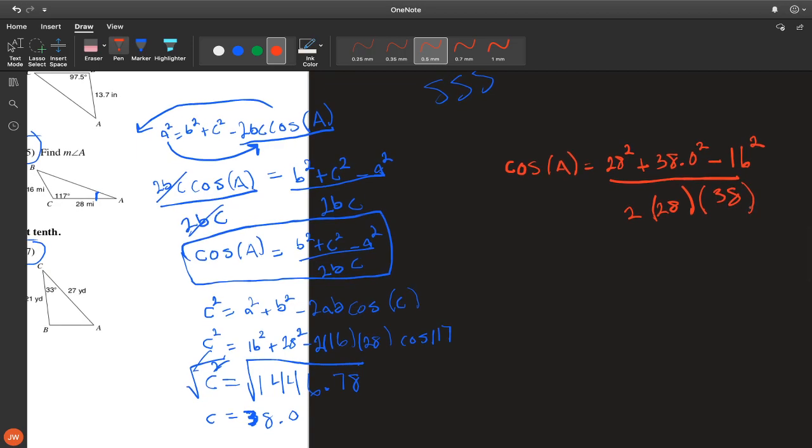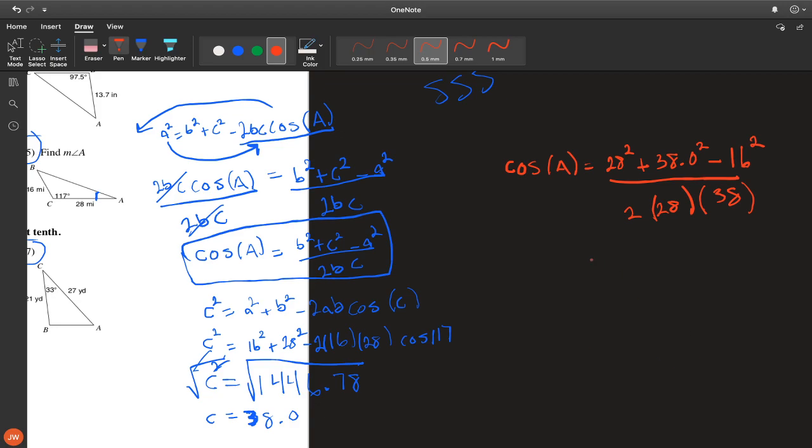So we can figure out what this is, and then we'll go on to the next step. Divided by 2 times 28 times 38.